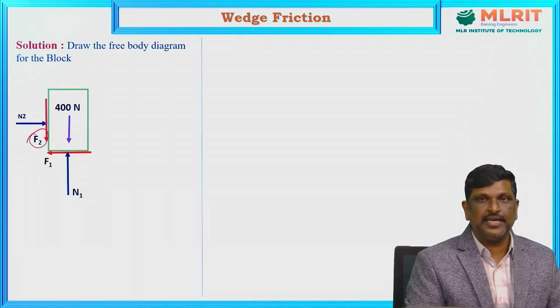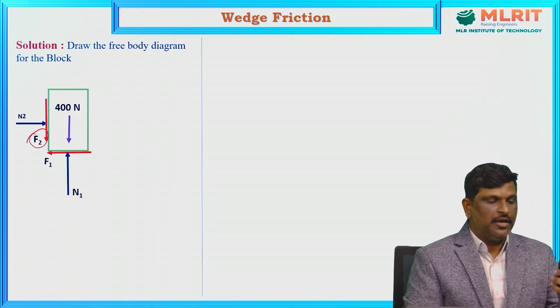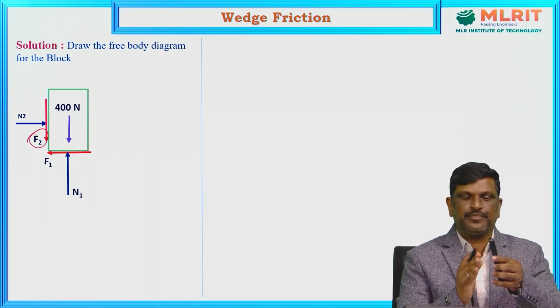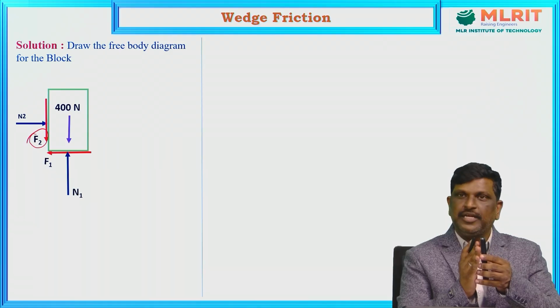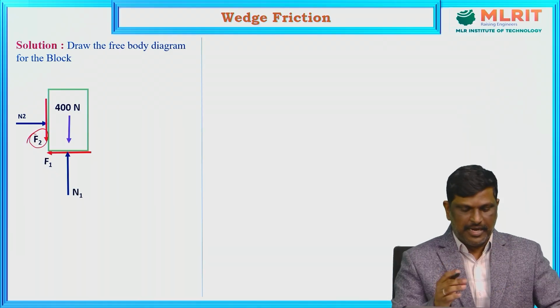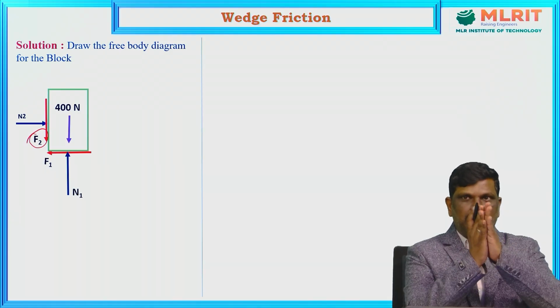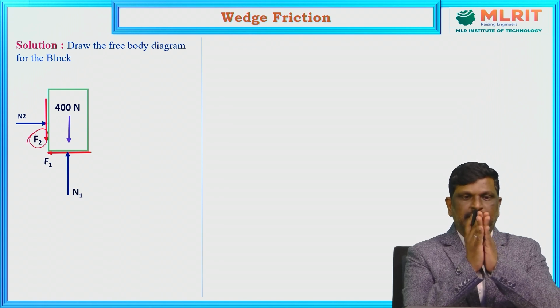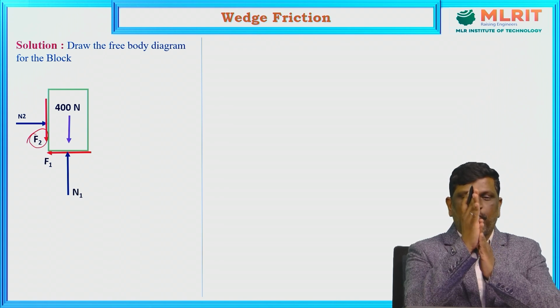But we can consider that relative to the wedge, actually the wedge is moving downwards. Relative to that, we can consider this body is moving upwards.